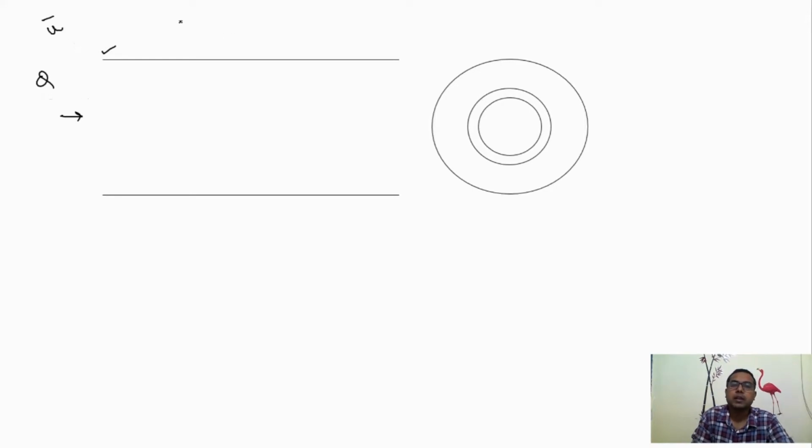So for calculating average velocity, what you have to do is just calculate the discharge and divide it by the cross sectional area.